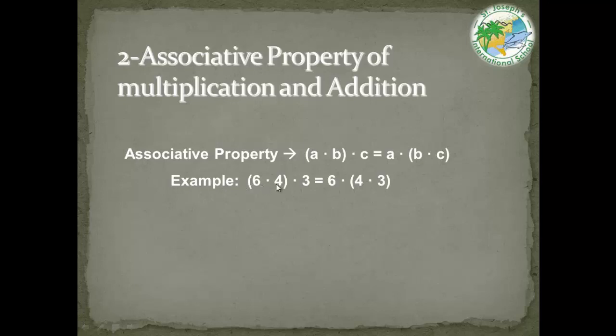For example, 6 times 4 times 3. We start by finding the product between the brackets. Two numbers between brackets: 6 times 4 equals 24, times 3 equals 72. The same answer on the right side and the left side.